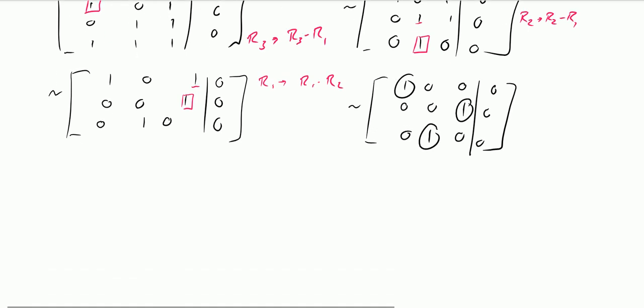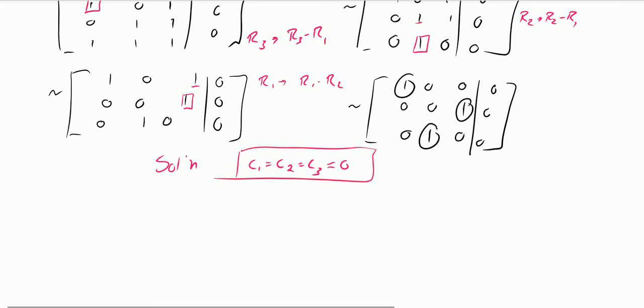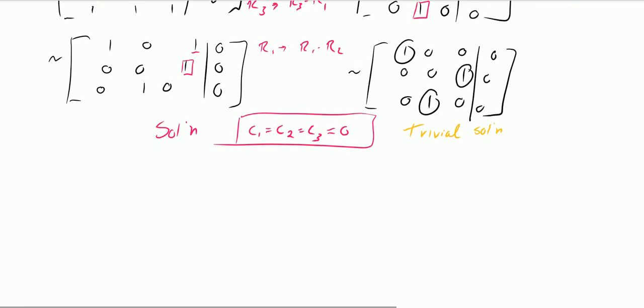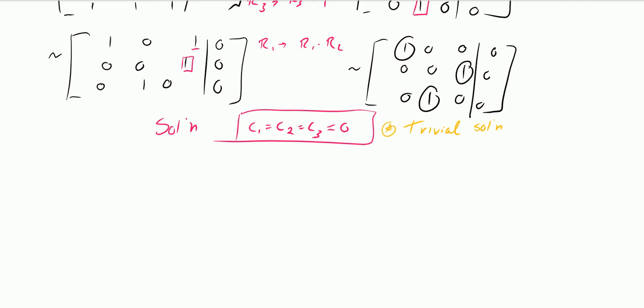So my solution is C1 equals C2 equals C3 equals 0. So I get the trivial solution. In other words, my set is linearly independent.